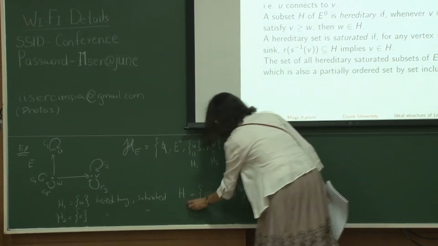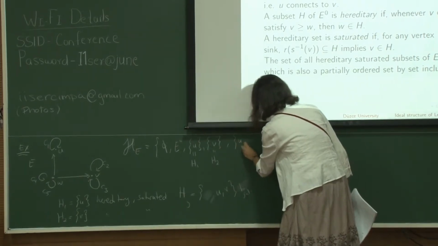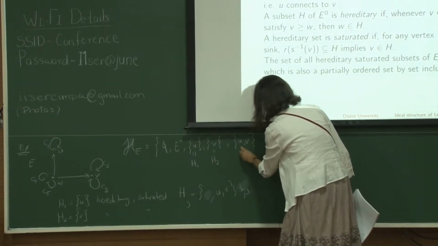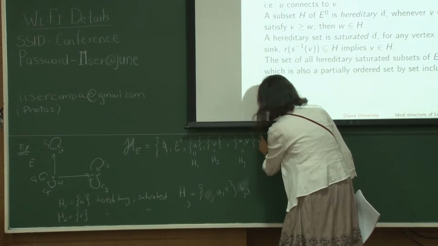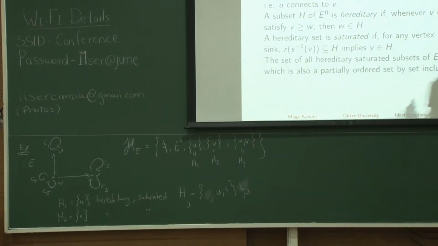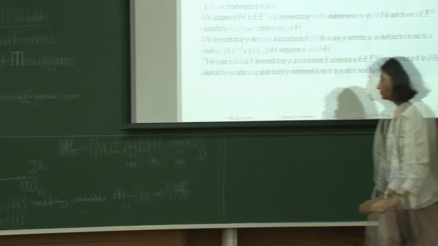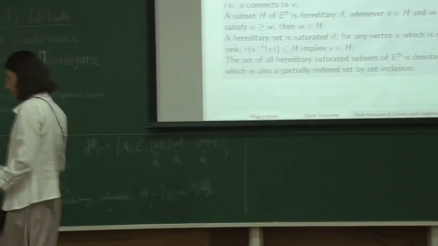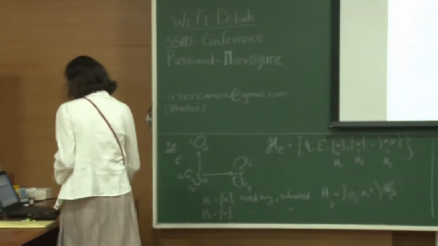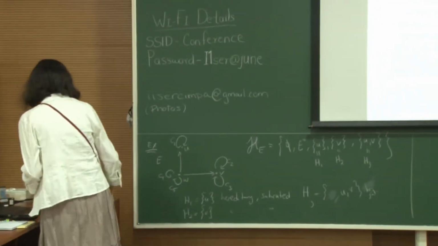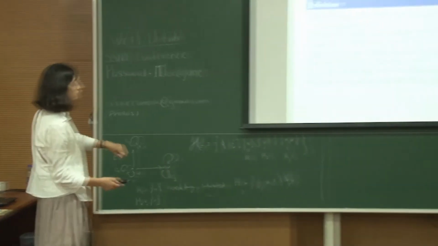I'll call this H3. So those are all possible hereditary and saturated subsets of this set. Okay. Let's move on.